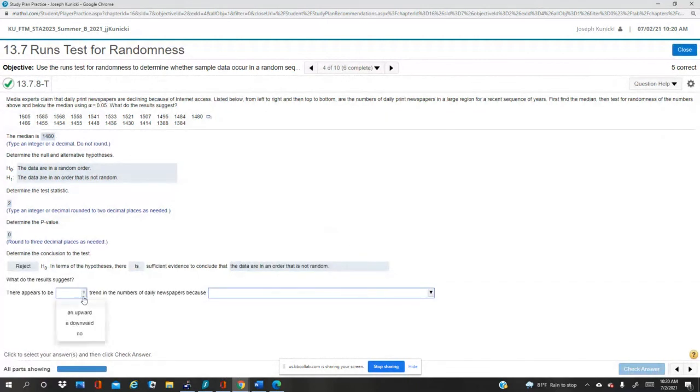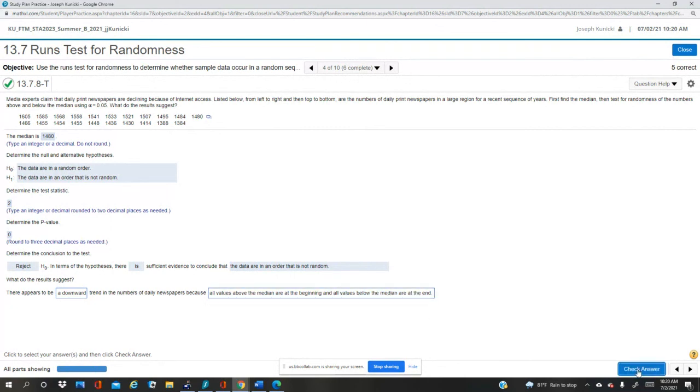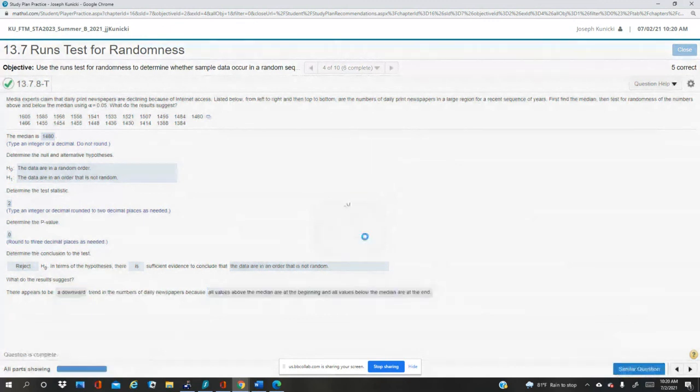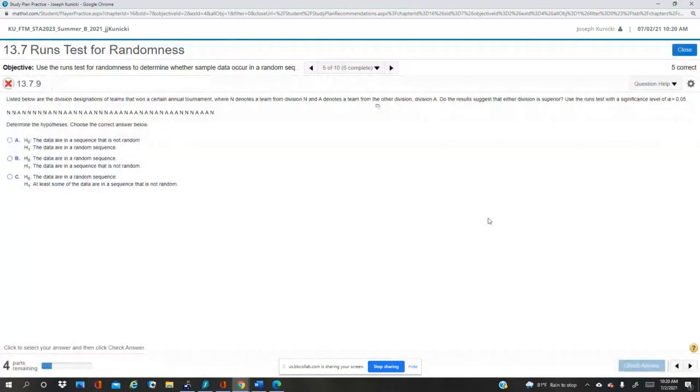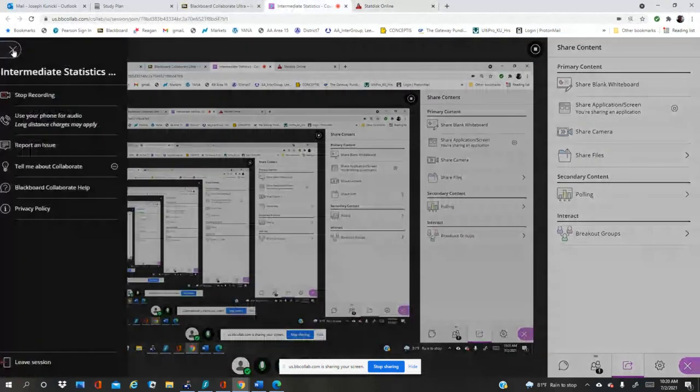There appears to be a downward trend in the numbers of daily newspapers because all values above the median are at the beginning, and all values below are at the end. So that's what we noticed, and that's true. All right, so that's problem 13.7.8. And I'm going to go ahead and end this one, start another one for you.